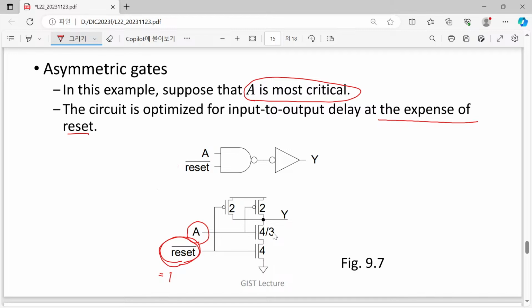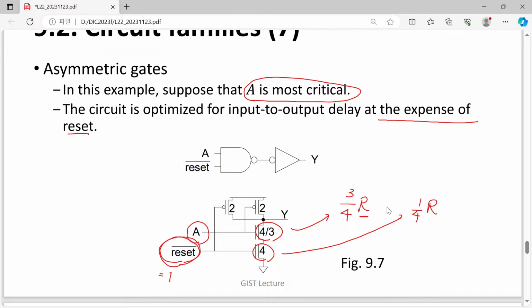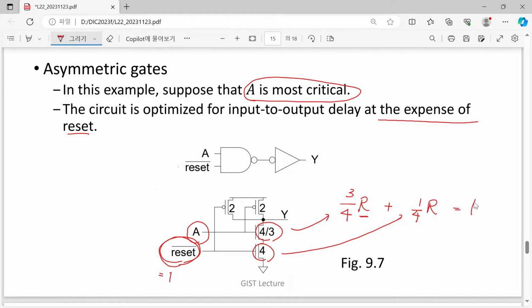So in this one, we have quite a strange ratio like 4/3 and 4, but this is intentionally made because, in terms of our unit transistor resistance, we have 3/4 of unit R here, and here we have 1/4 of unit R. So by serially connecting them, we still have the equivalent resistance.